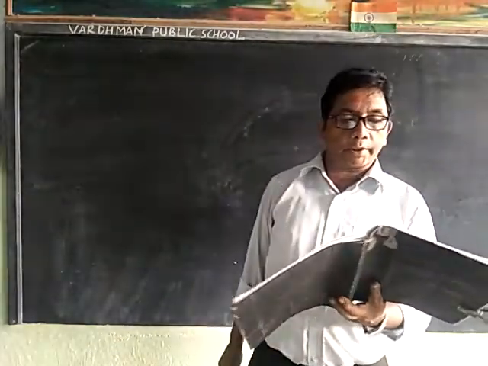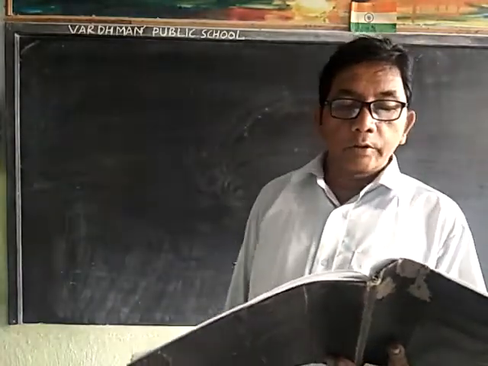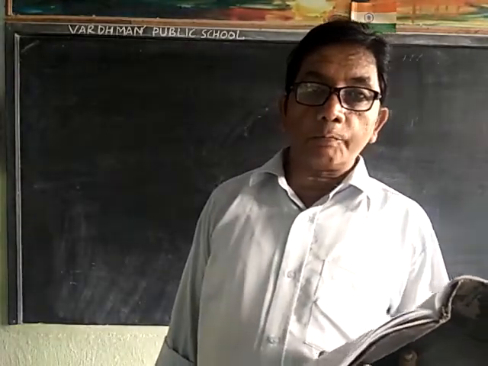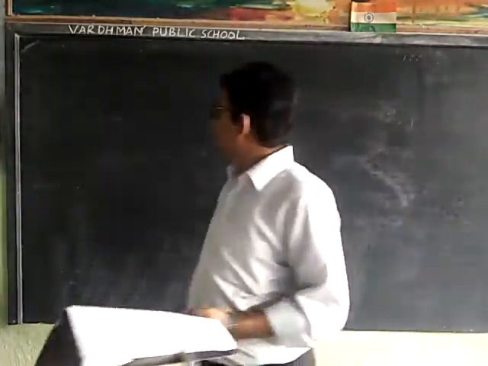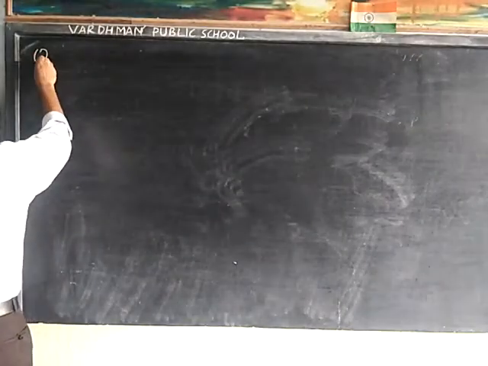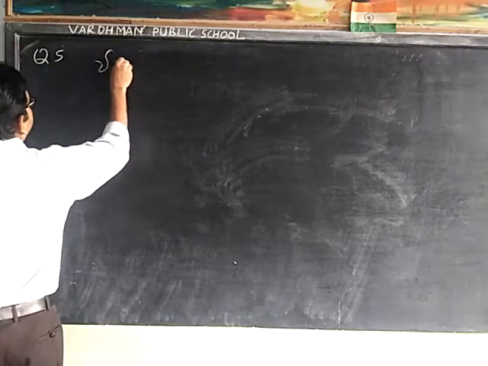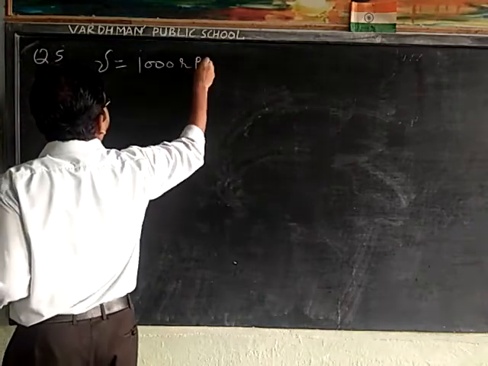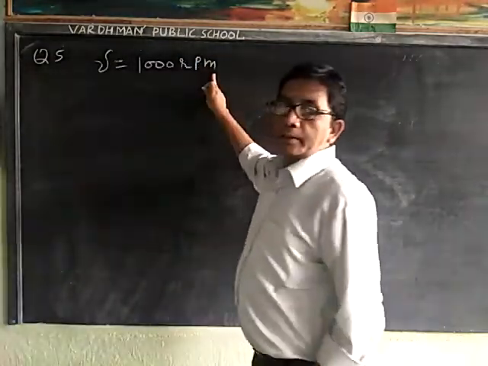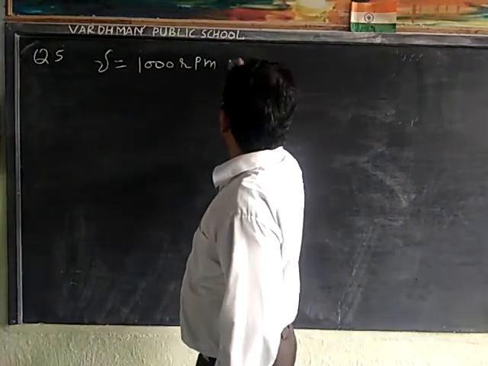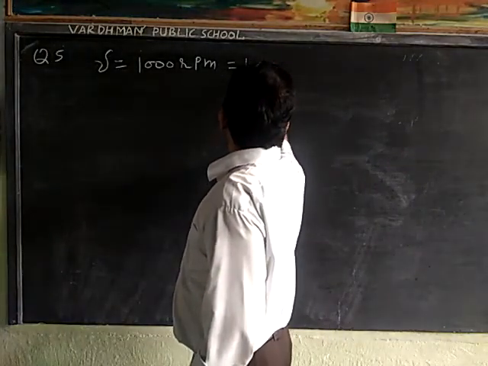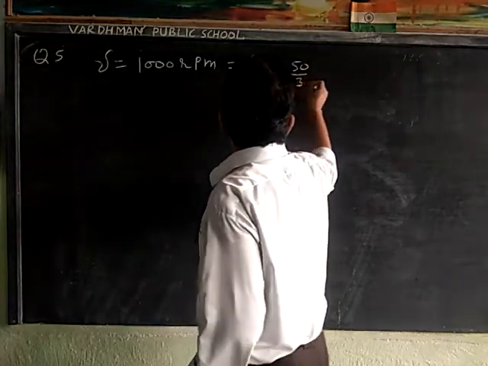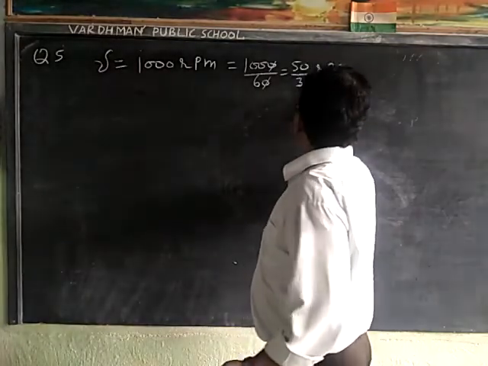A wheel is rotating at a rate of 1000 rpm. rpm means round per minute, which can also be written as round per second, equal to 1000 upon 60, that is 50 upon 3 rps, round per second.